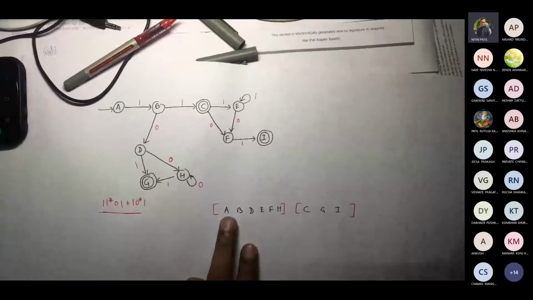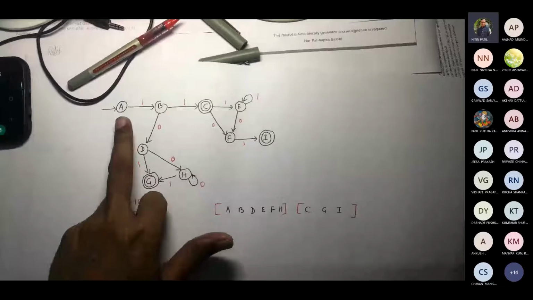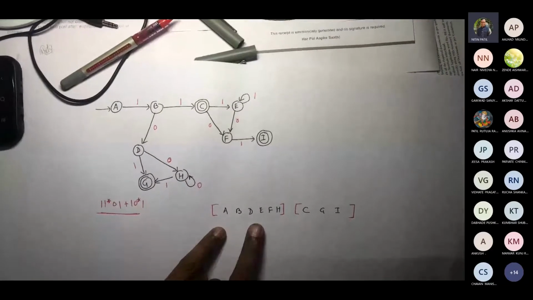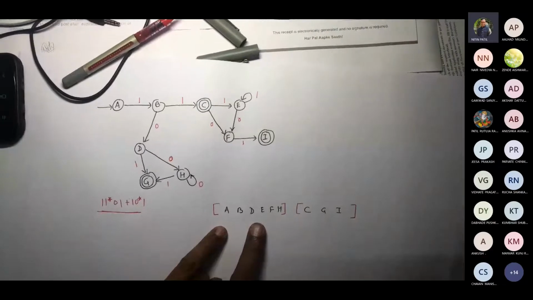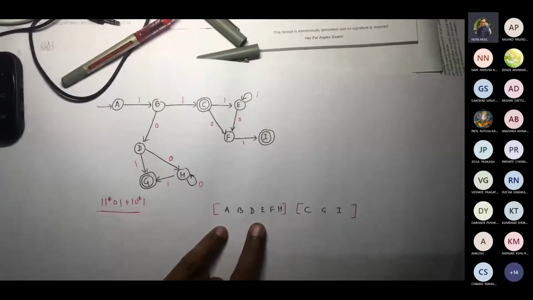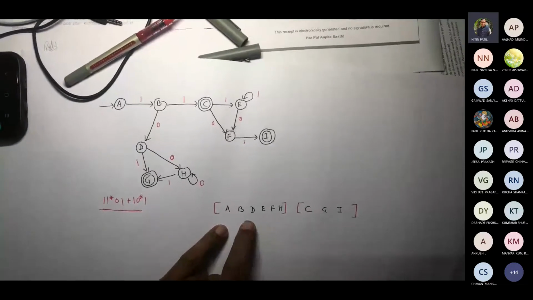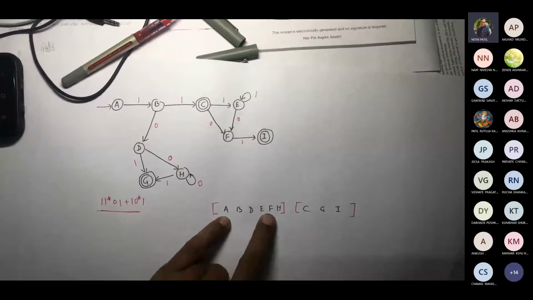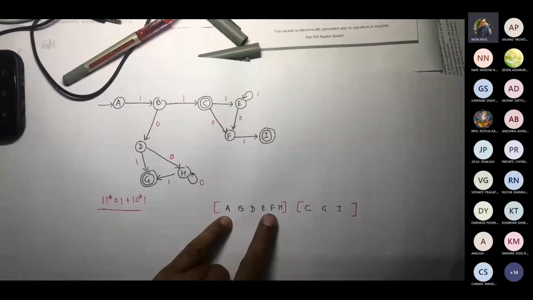See, each state in this case has 2 transitions except A and F. A and F have only 1 transition.